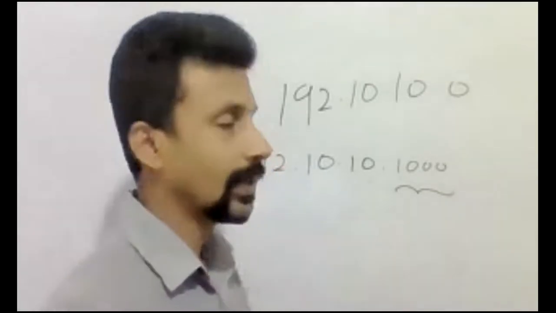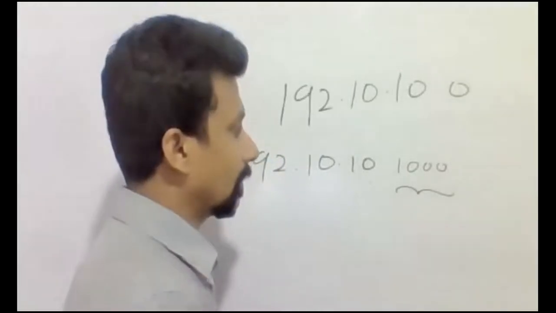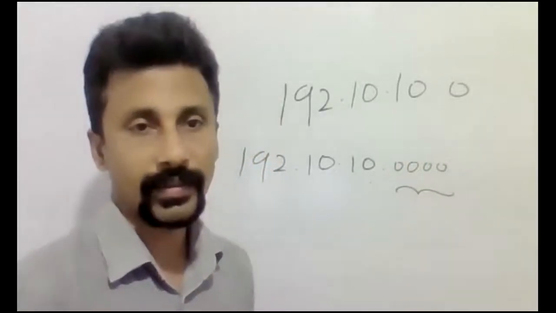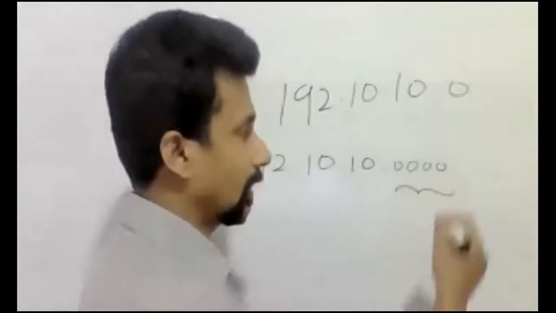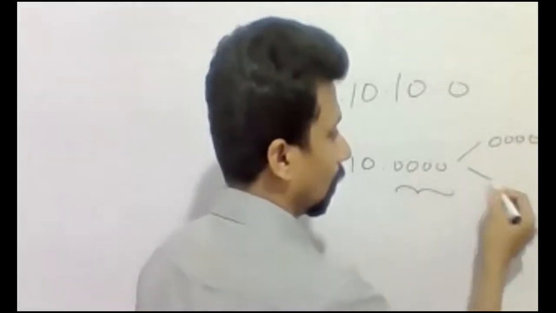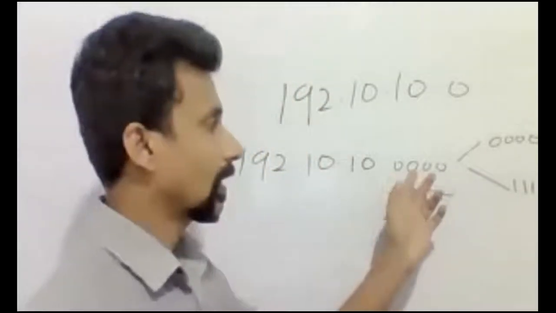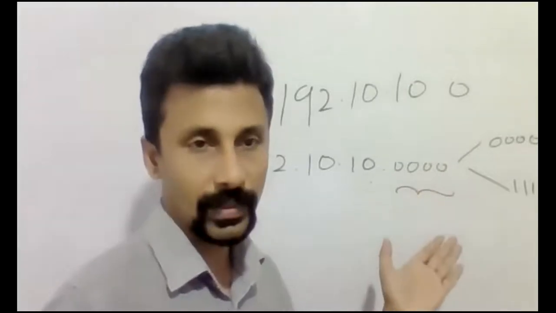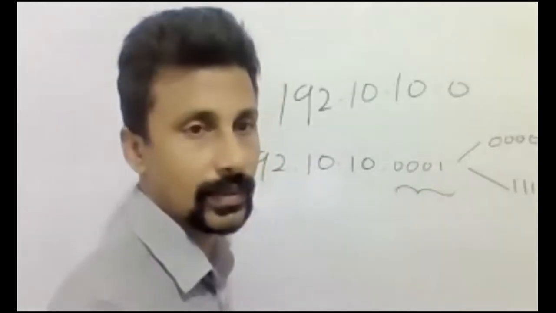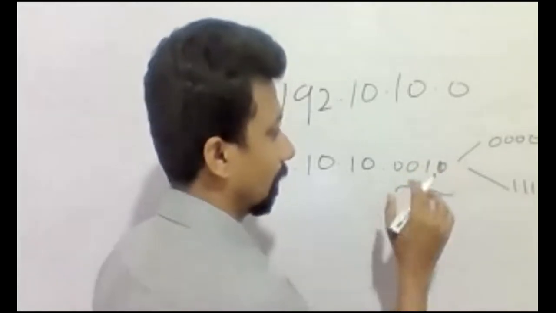If all are zeros, this is the first subnet, the first subnet address. If it is this one, this is the second subnet. Then it goes on like that, third, fourth.